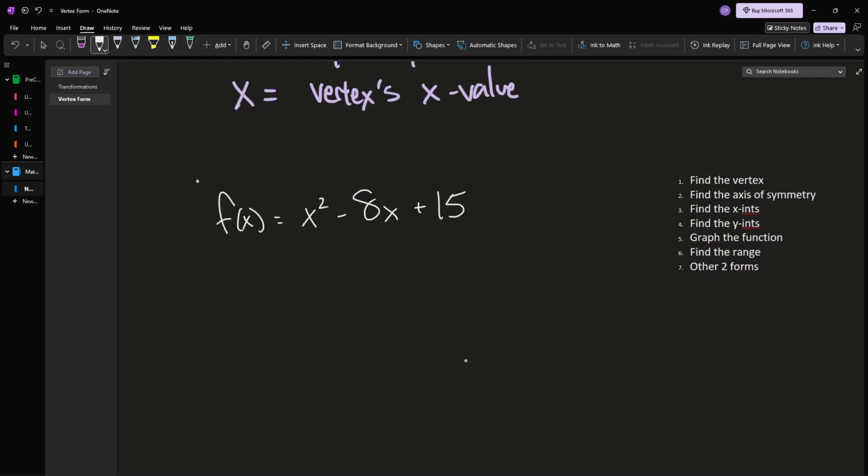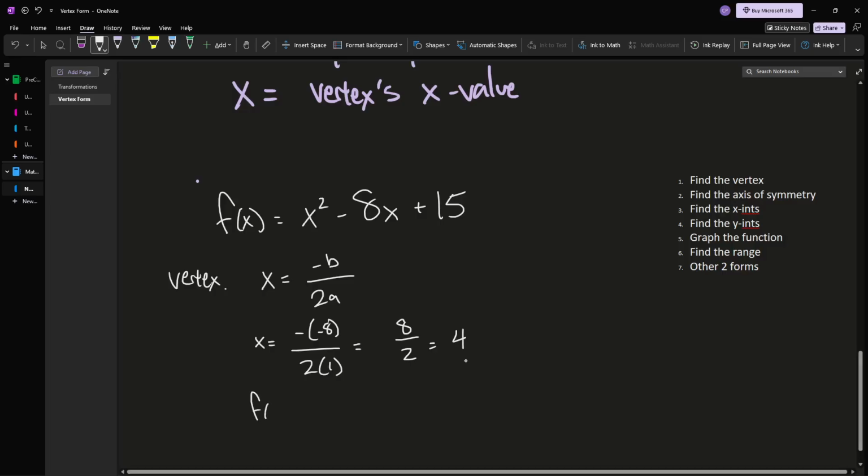So let's start with the vertex. With this form, I need to find out when x is equal to negative b over 2a. So my vertex x equals negative negative 8 over 2 times 1. 8 over 2 equals 4.